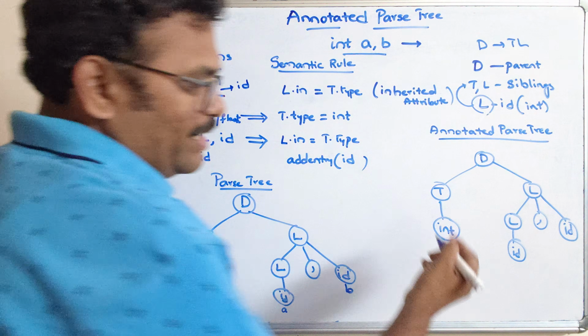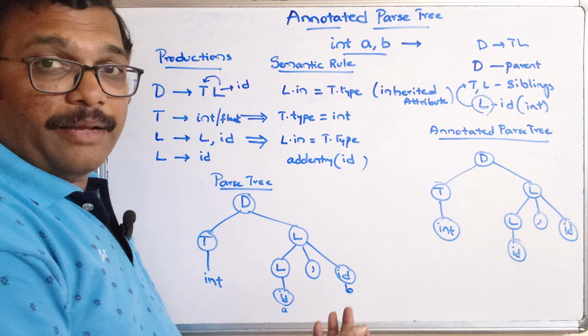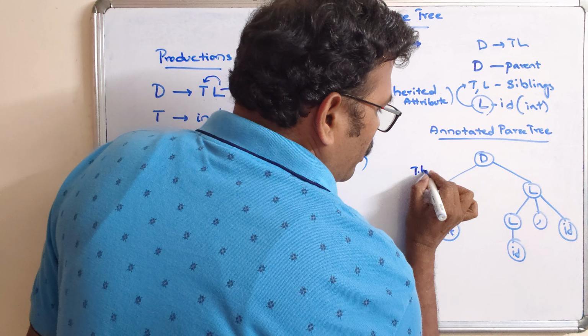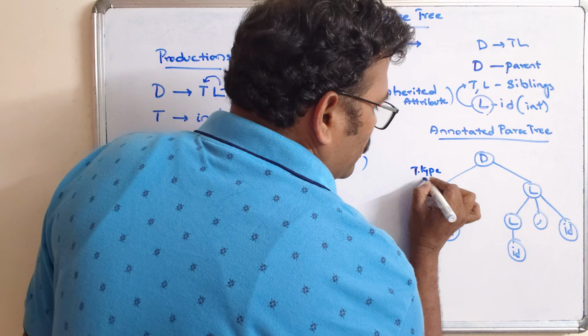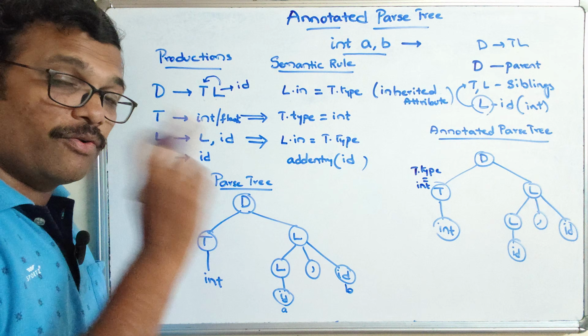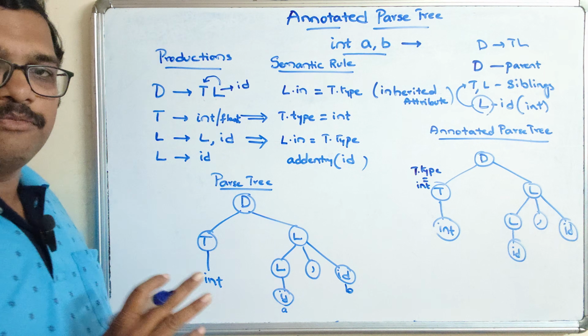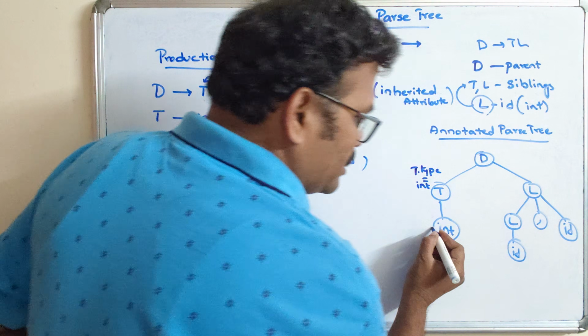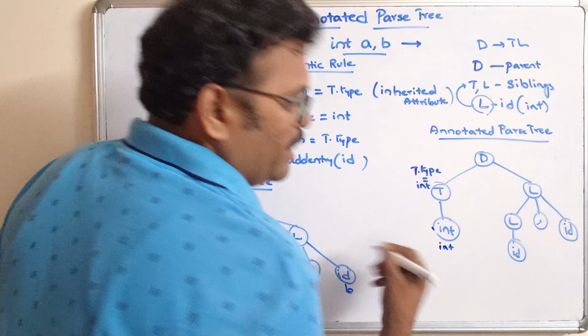Here int is nothing but a type, a data type. And the value of t becomes, so t.type is equal to integer, because here we are writing the data type, so we are giving the attribute as a type. And int is a normal int, the value of int is int.